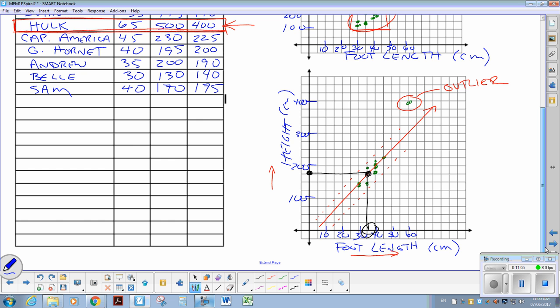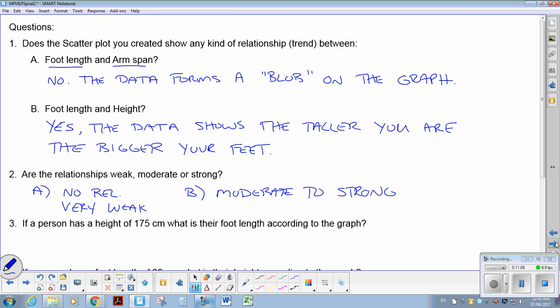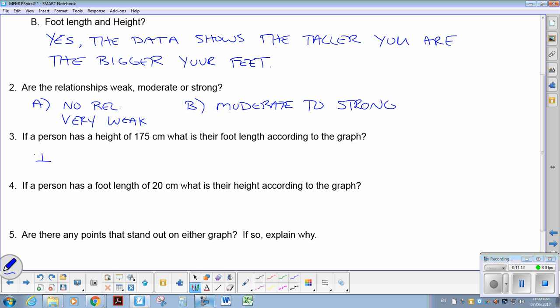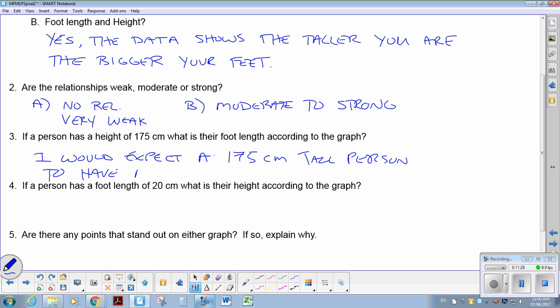So just reading from the graph of information, I would expect a 175 centimeter tall person to have a foot length of 35 centimeters.